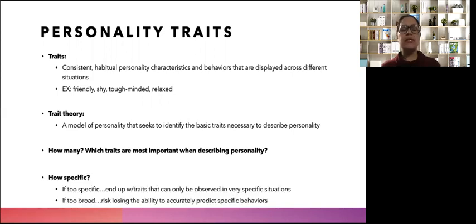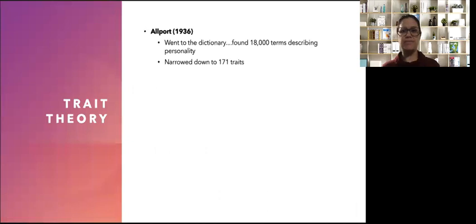So, if the theory is too specific, it will end up with traits that can only be observed in very specific situations. We wouldn't have a broad, generalizable set of traits, right? But if the theory is too broad, it could lose the ability to predict specific behaviors altogether. So there's a fine nuance in terms of establishing which traits are necessary in a theory.